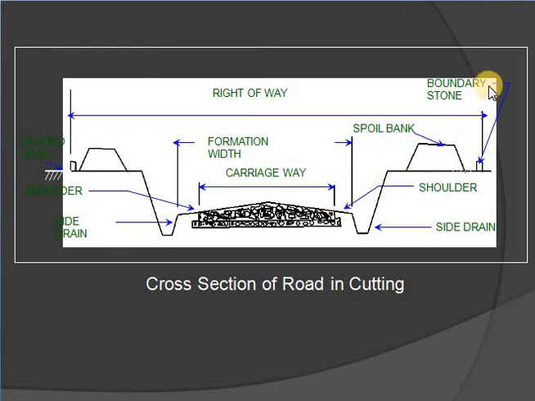These are the boundary stones, this is the side drain, and this is the formation width up to here. Totally, from the left side boundary stone to the right side boundary stone is the right of way.